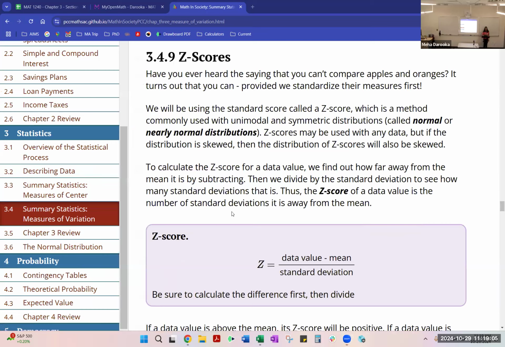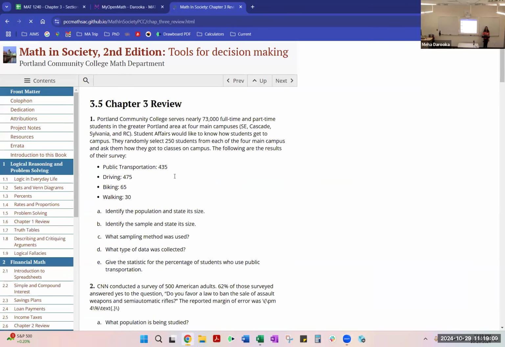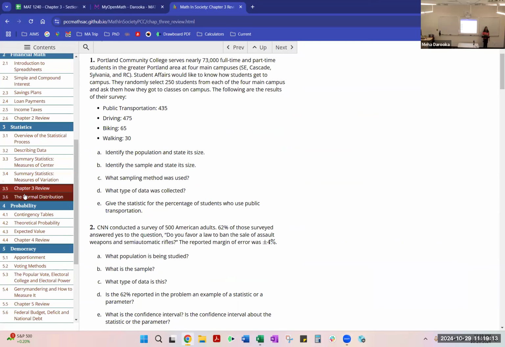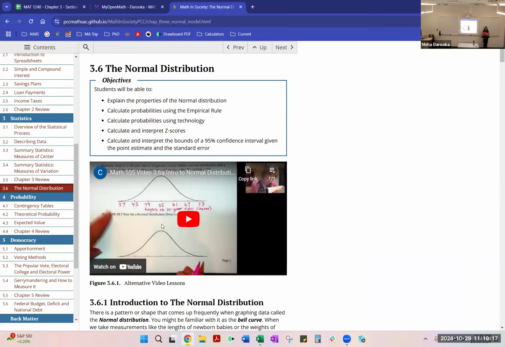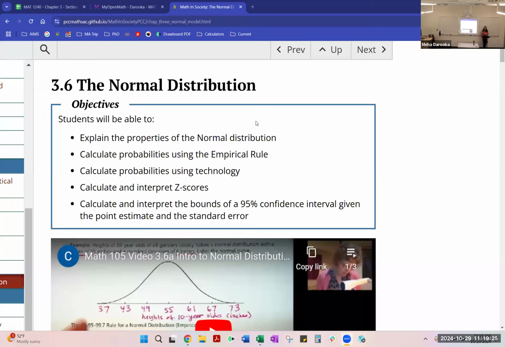So yeah, like I was telling you, section 3.5 is review, so we're not skipping over it. For whatever reason, the authors felt like, oh, 3.6 may be an optional topic, we're gonna put it at the end. Why did they do it? I don't know, I think it's kind of silly because I think in any study of statistics, we should at least talk about normal distribution.